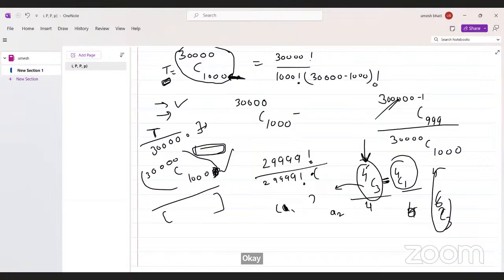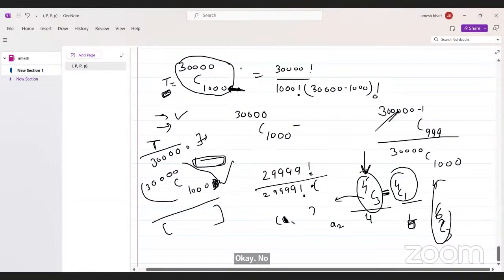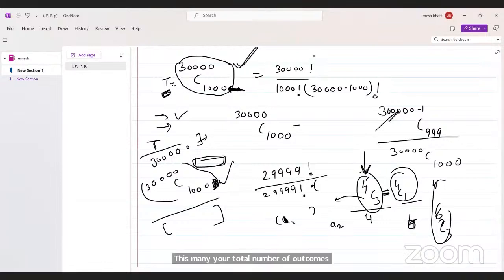I got that point, but in my case I am just saying, see, this is your total number of outcomes. Now how many ways can you send the form to 1,000 persons so that Mary always gets it but Ashad does not? So I just remove that guy from my total students.